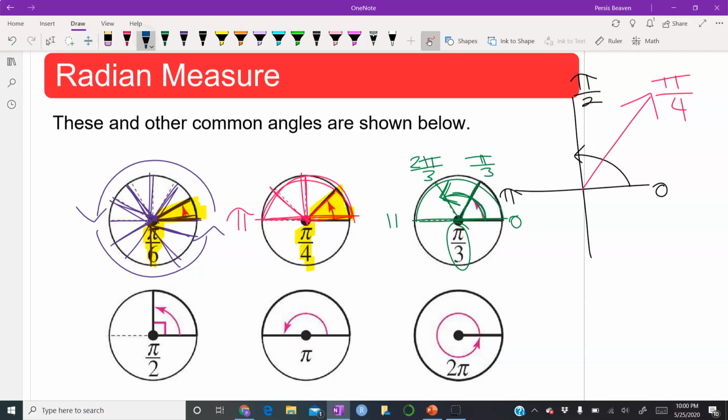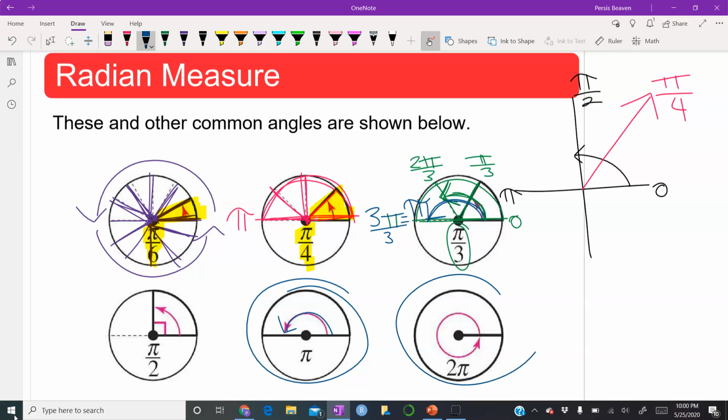And if we were to continue it all the way to pi, that will actually be 3 pi over 3, which if we simplify it, would equal pi, which is what half a circle is. And we could see that here as well. Half a circle, pi. Full circle, 2 pi.